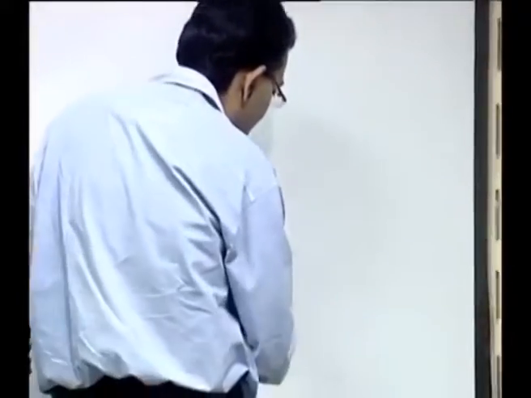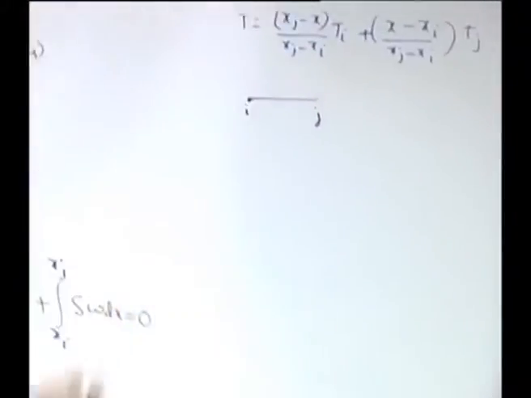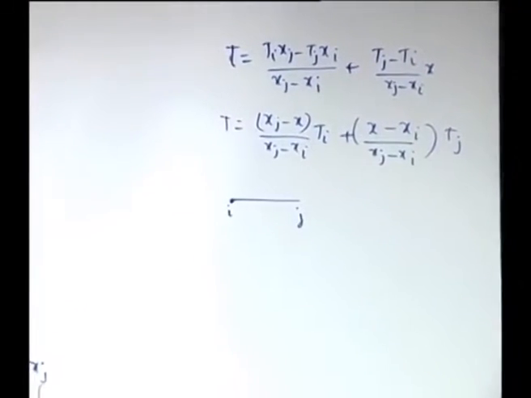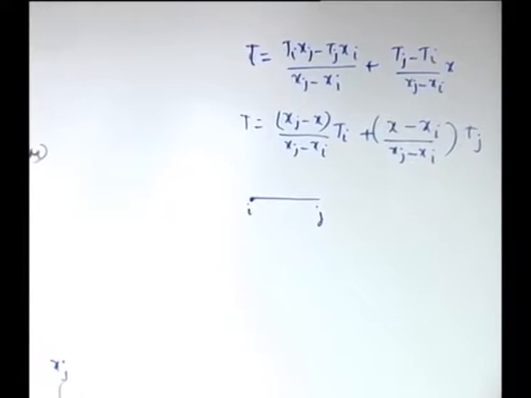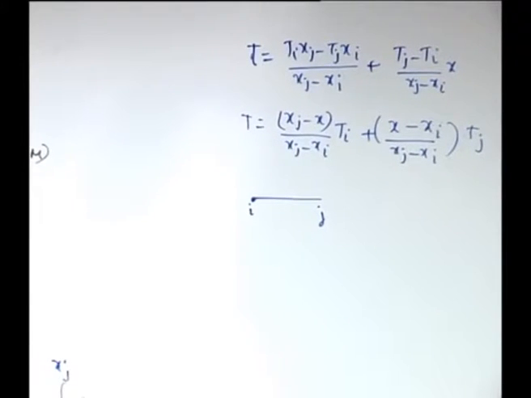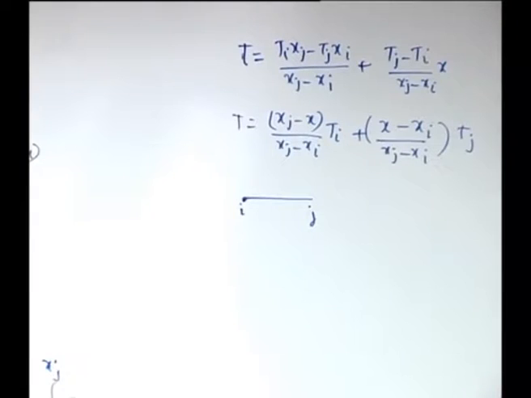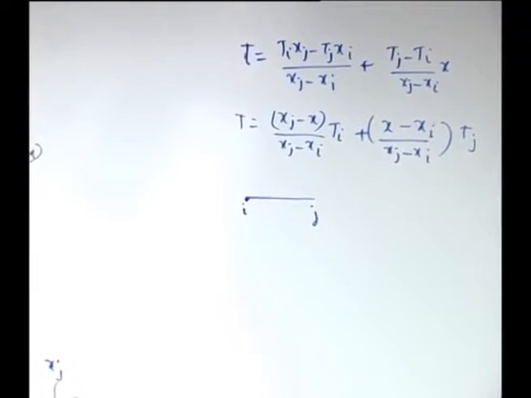So, what we have achieved by this step, we have been successful in expressing T as some function of x and function of values of T at the node points i and j.